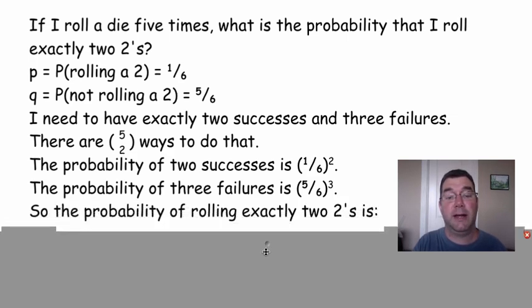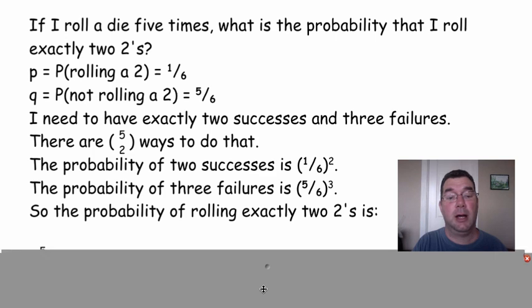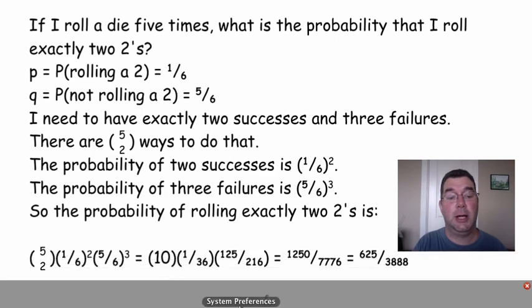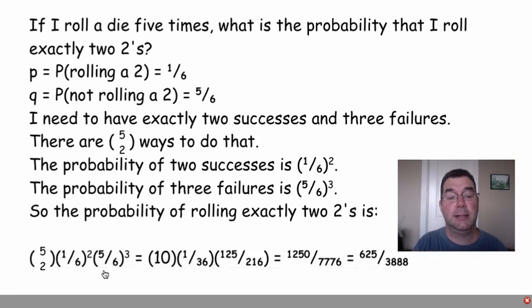So if I combine all of that together, I get 5 choose 2 times 1/6 squared times 5/6 to the 3rd. And if I figure out what all of that is, 5 choose 2 is 10, 1/6 squared is 1/36, 5/6 cubed is 125 over 216, and if I simplify all of that, I get 625 out of 3,888. So that's the probability of rolling exactly 2 2s.